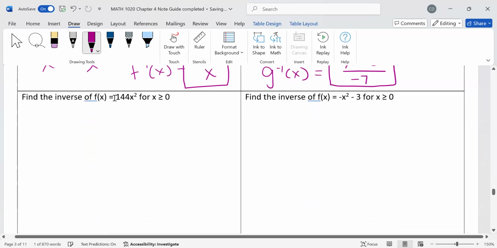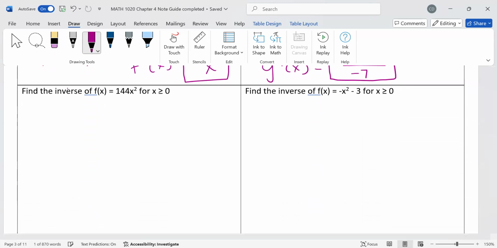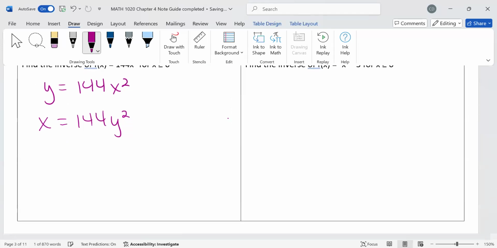Find the inverse of this equation for x is greater than 0. And I'm going to show you what that means at the end. So again, the first thing is to swap your x and y's, and then solve for y. Let's divide out the 144. There's a couple ways you can approach this.